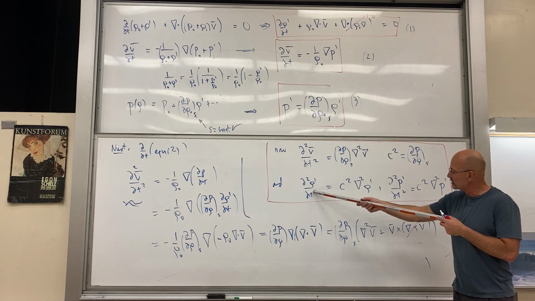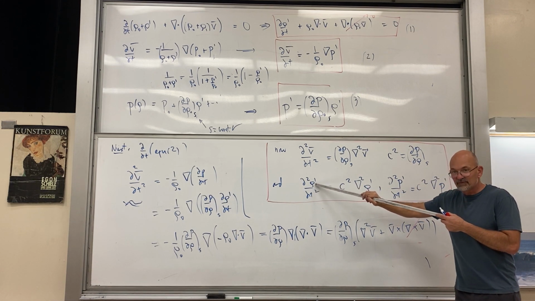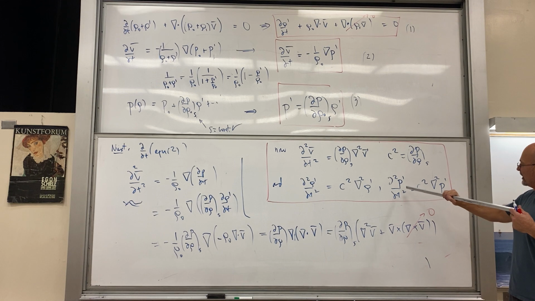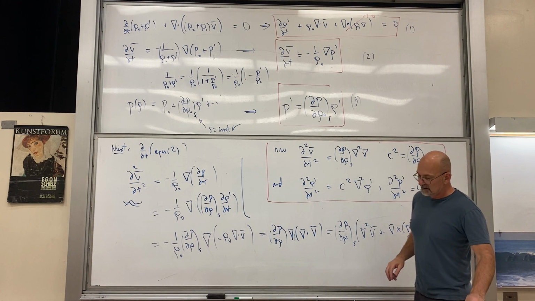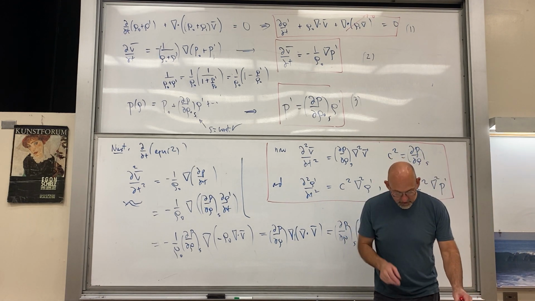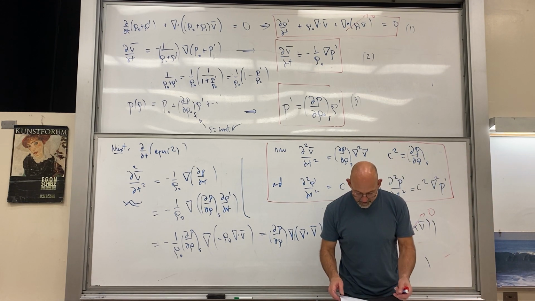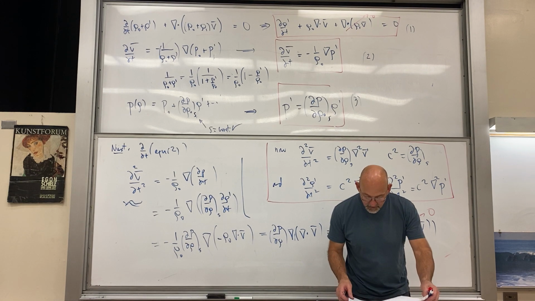We get a wave equation for the density fluctuation. We get a wave equation for the pressure fluctuation. Okay, so I have a bit more on this subject.